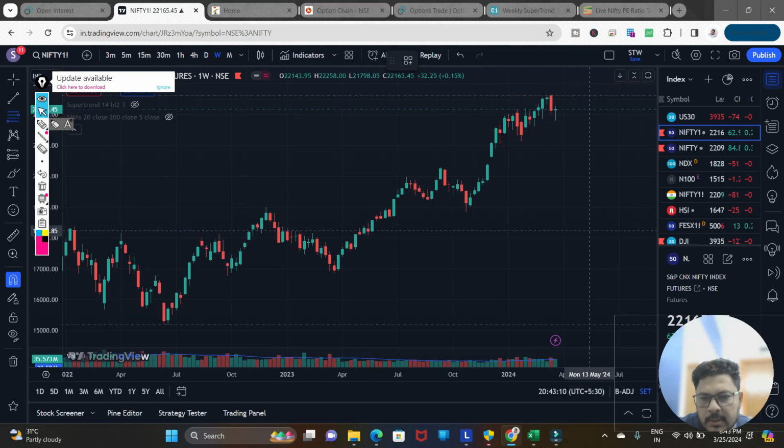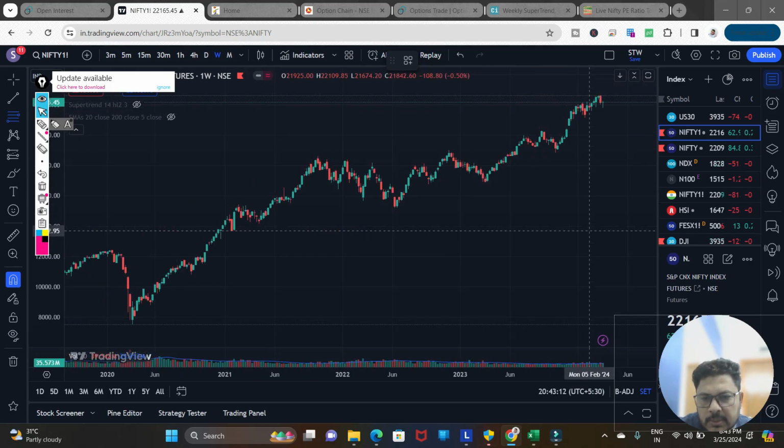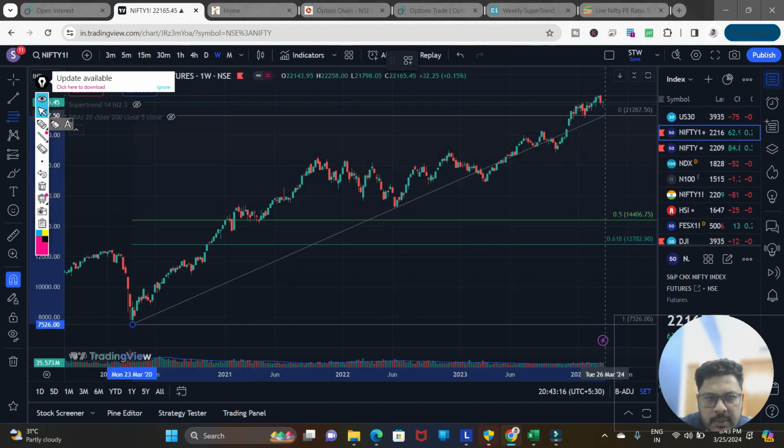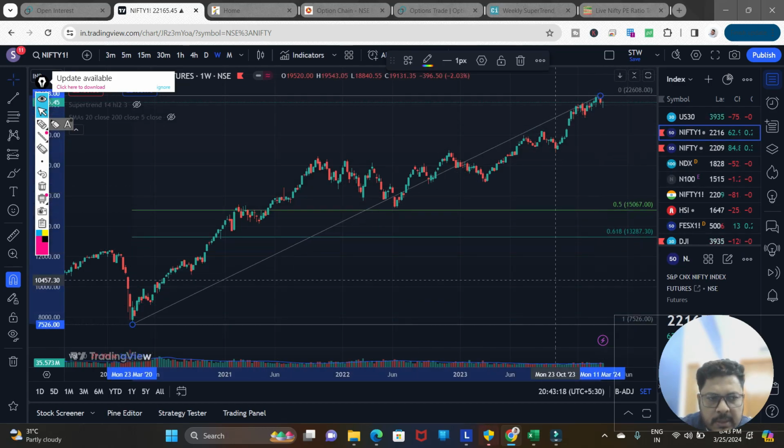Let's go and see from the bottom, from here till now, where is the market. So this is a much bigger level, which will come only in case of any kind of disaster, like Corona and all. This is the level which it can come up to, 15,067.